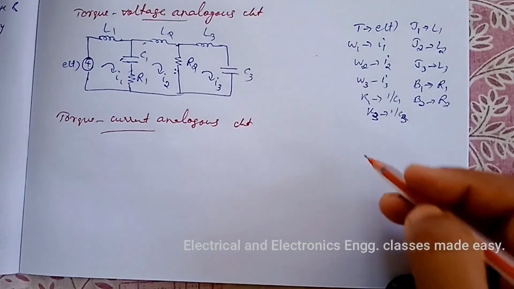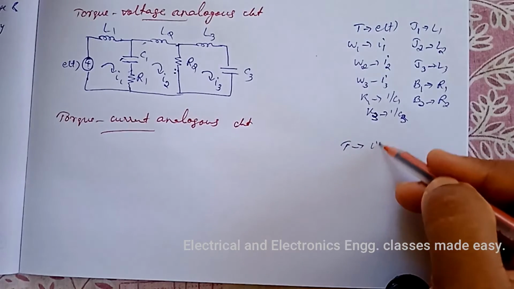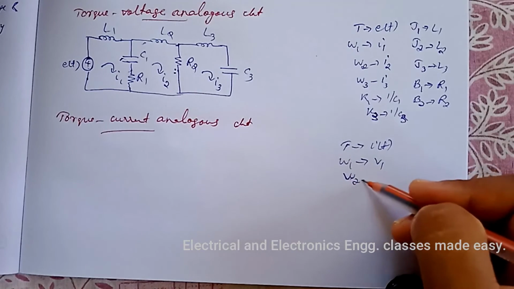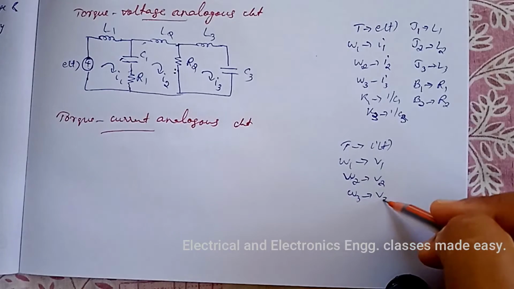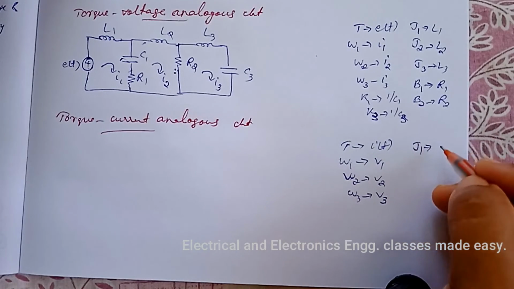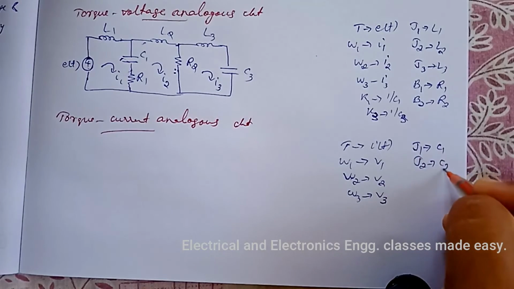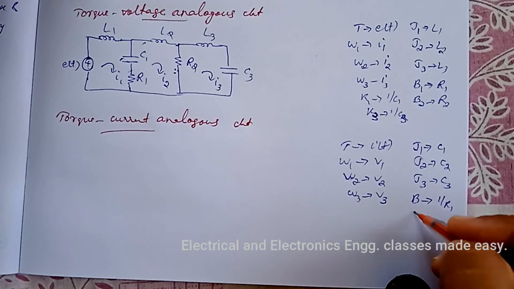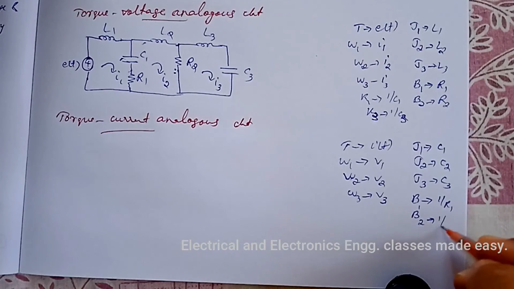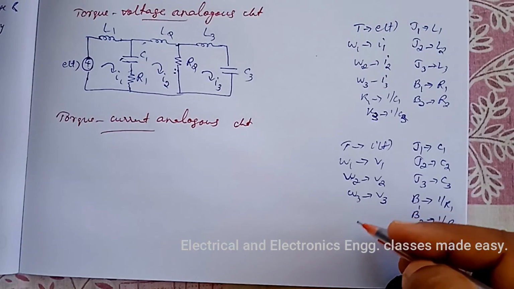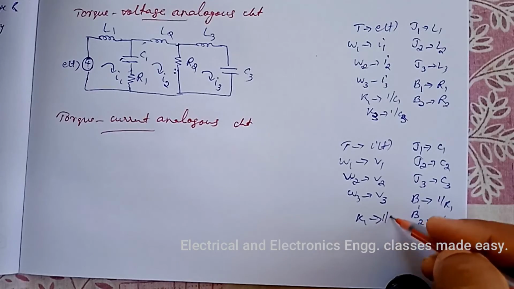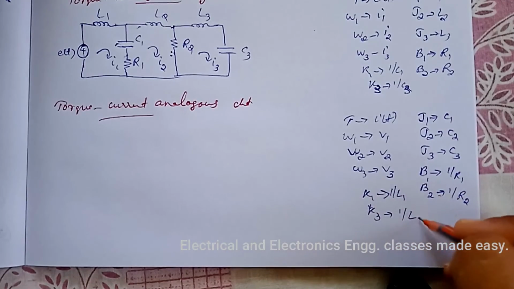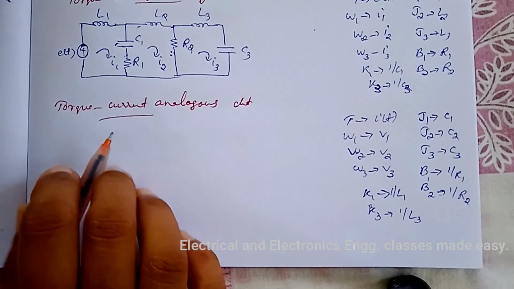So for that we have to consider torque is analogous to current source, then omega 1 V1, that is voltage, omega 2 V2, then omega 3 V3, then J1 is analogous to C1, then J2 C2, then J3 C3, then B1 is analogous to 1 by R1, then B2 is analogous to 1 by R2, then K1 is analogous to 1 by L1, K3 is analogous to 1 by L3. Now we can draw the circuit.